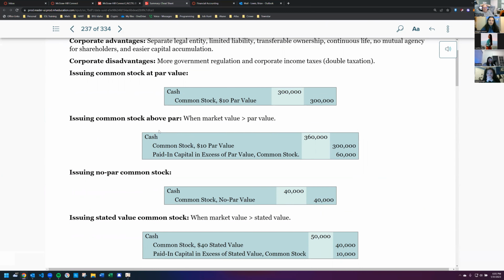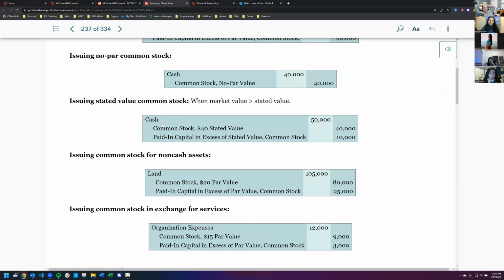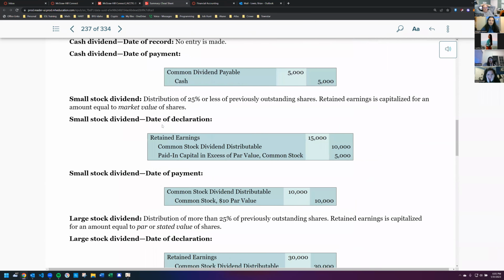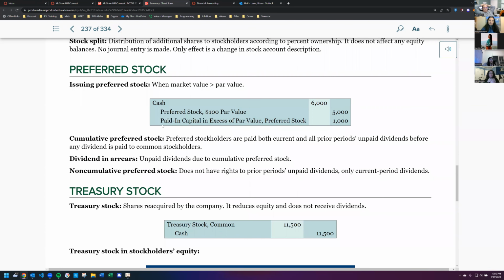If we look at the different transactions here, you've got common stock at par value. And let's go down to, do they have preferred stock? There's dividends. Preferred stock. Okay, basically the same thing.